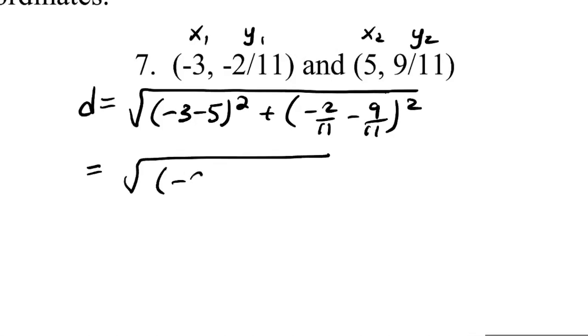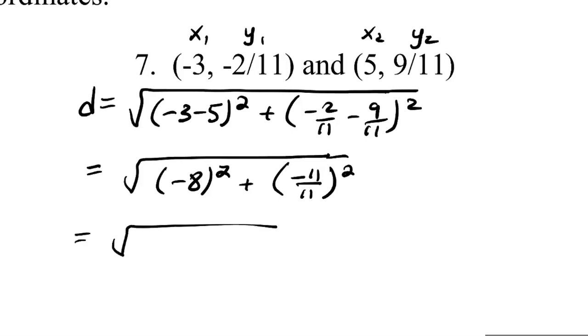So we get negative 8 squared plus negative 11 over 11 squared. Negative 8 squared is positive 64. Negative 11 over 11 is negative 1. Negative 1 squared is positive 1. So we get the square root of 65.